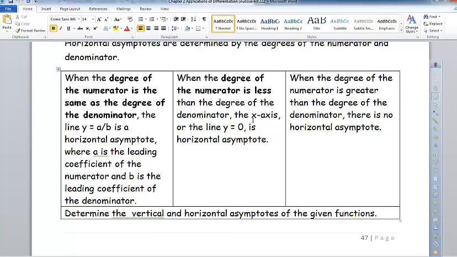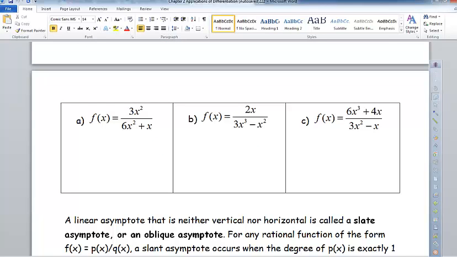When we looked at it, the degree of the numerator is 1, and the degree of the denominator is 3. So it fits that scenario. The horizontal asymptote is y equals 0.